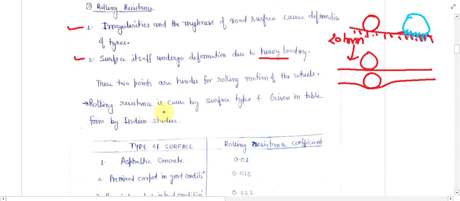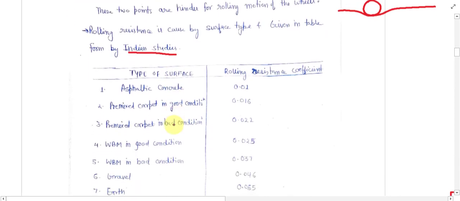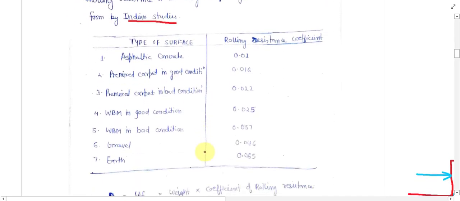So the rolling resistance is caused by surface type and is given in a table by Indian studies. As we already discussed, the rolling resistance depends on the surface roughness, and the surface roughness depends on the surface type. So here in the first column is the type of surface, and in the second column there is a rolling resistance coefficient.